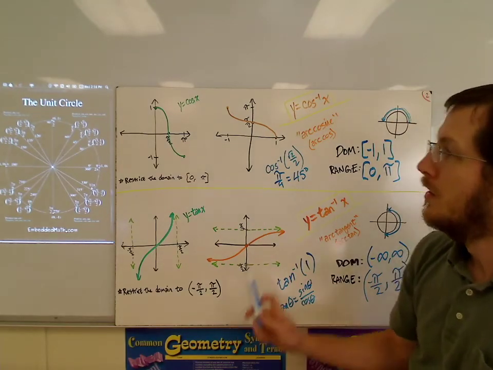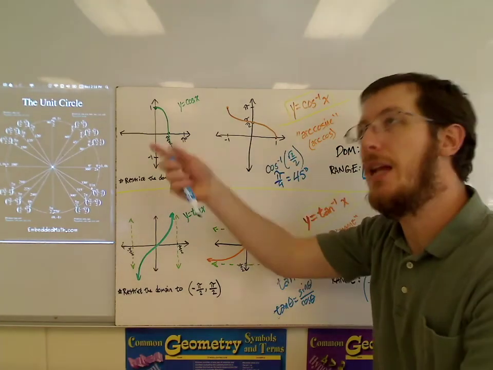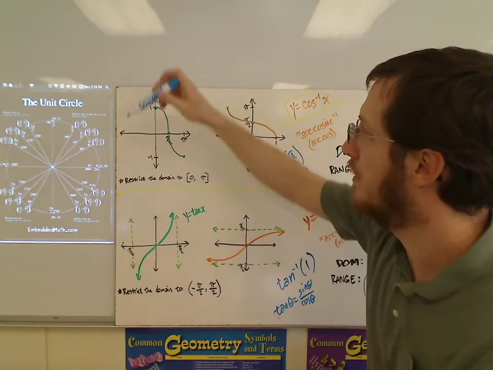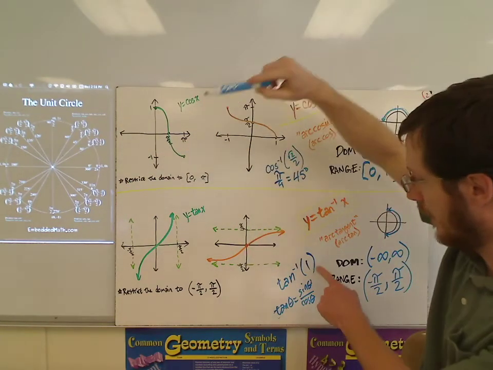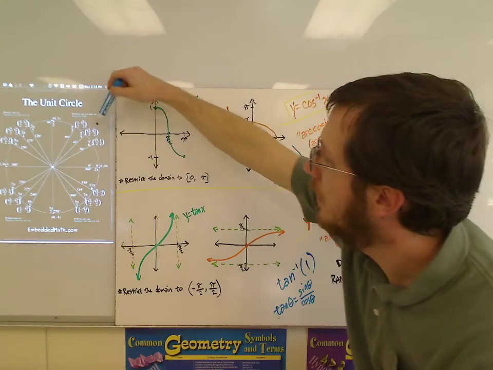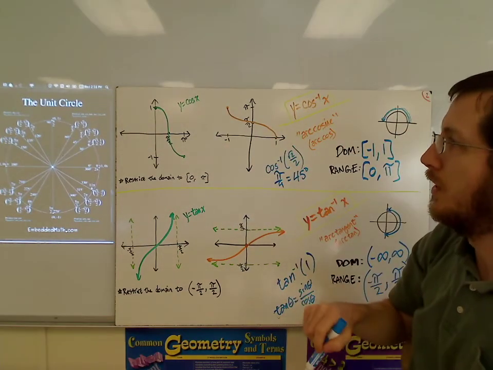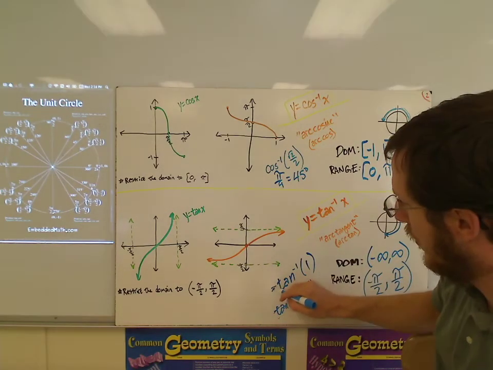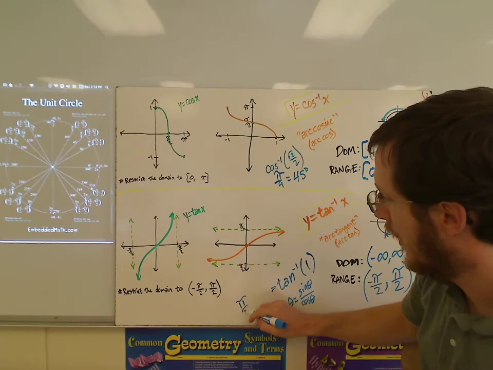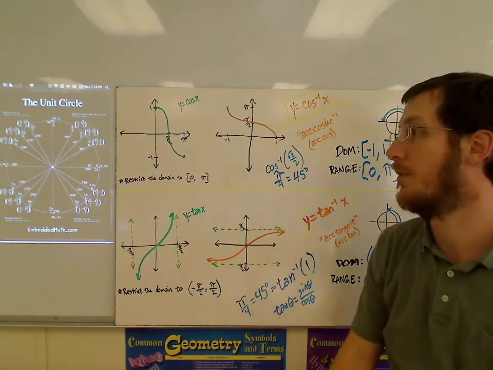If we're looking for a tangent of 1, anything divided by itself is 1, so where are our sine and our cosine the same? And it's positive, so they have to have the same sign. So that would be this guy right here, 45 degrees or pi over 4, and that's in our range. So we're looking for pi over 4, or in degrees, 45 degrees.